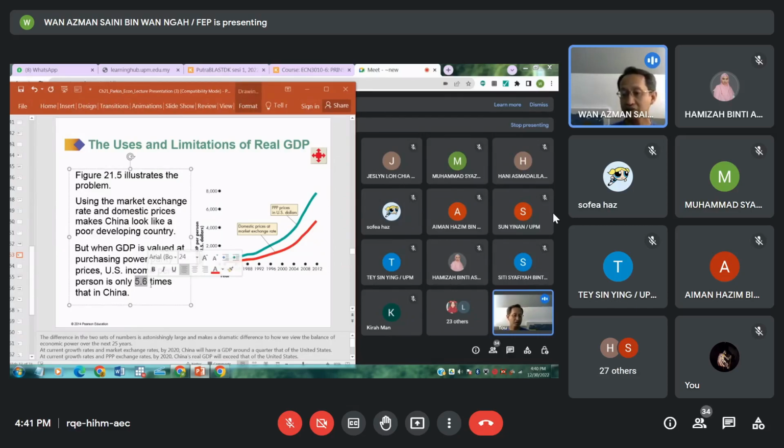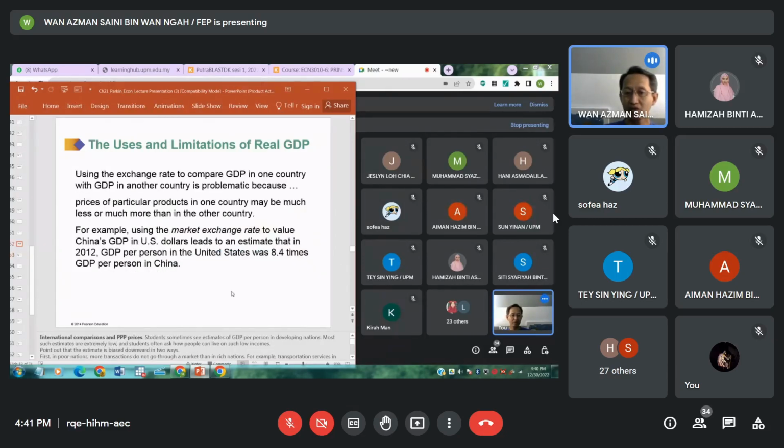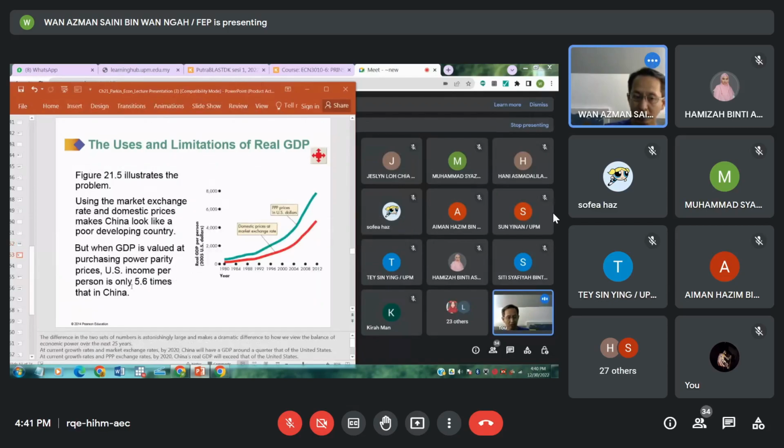It's not as big as the gap you get by using market exchange rates. So this is the gap once adjustments are made for prices across China and the US. We need to make this kind of adjustment if you want to compare the standard of living across countries.